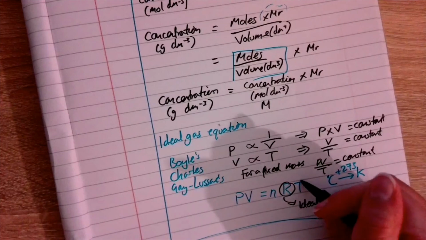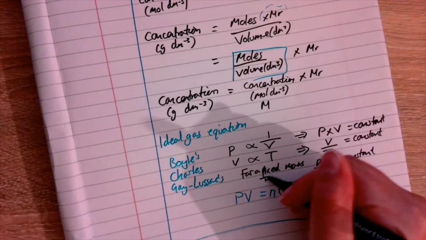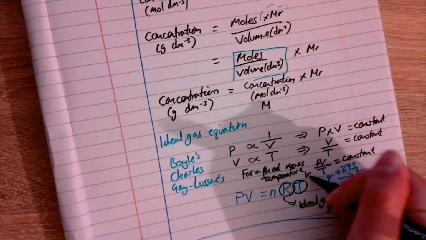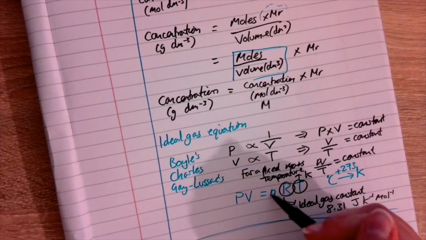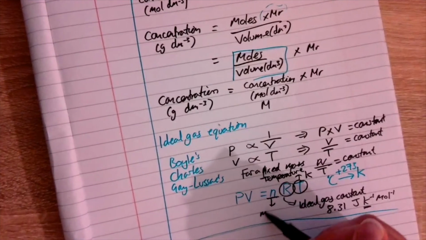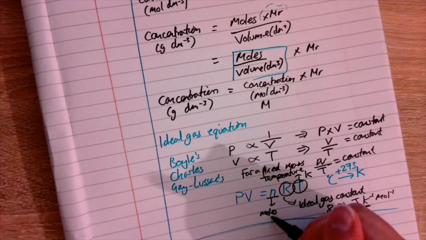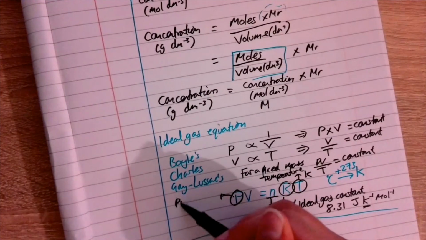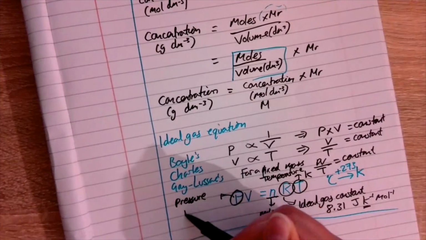So our unit for temperature is K for Kelvin. Our n is just our moles, so mole. Pressure is given in pascals.